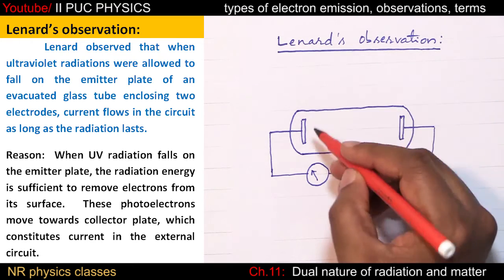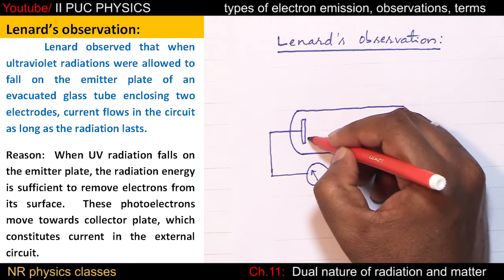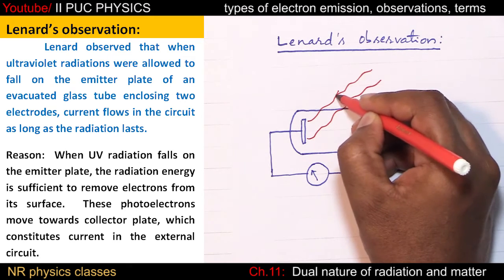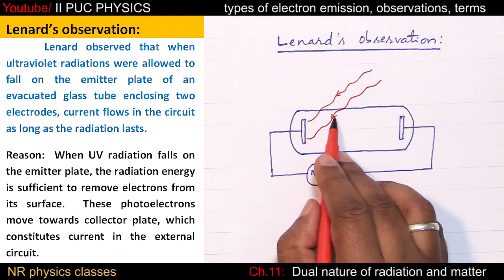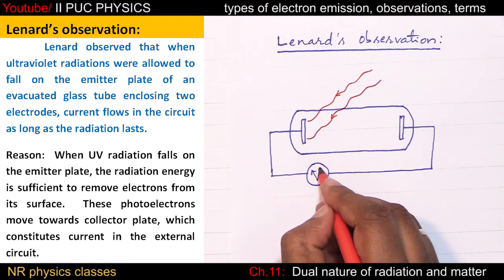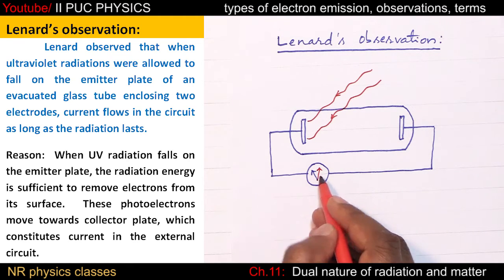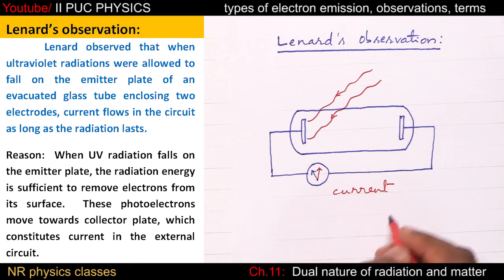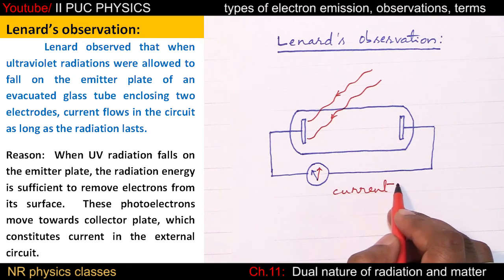When Lenard illuminated one of the plates with ultraviolet radiation, he could see deflection in the meter. There is deflection in the meter means there is current. We can't see current. We can't see electrons.